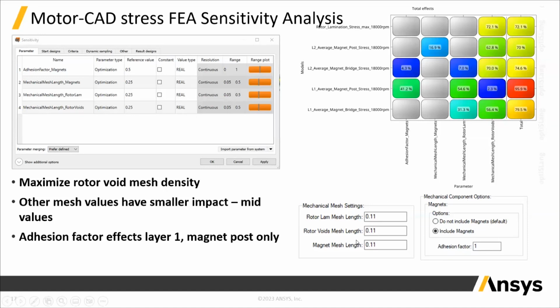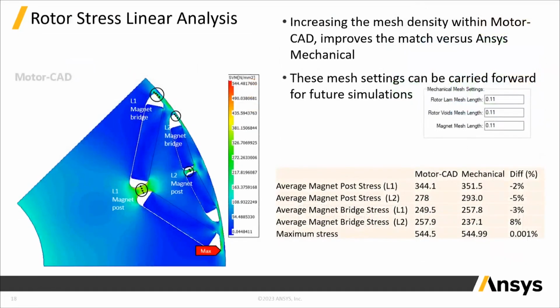So here's a recommended setting for MotorCAD to give similar results as we showed here. If you see this plot, the maximum stress is now closer to the mechanical simulation, and the difference is mostly within 5% between the linear mechanical simulation and the MotorCAD simulations.